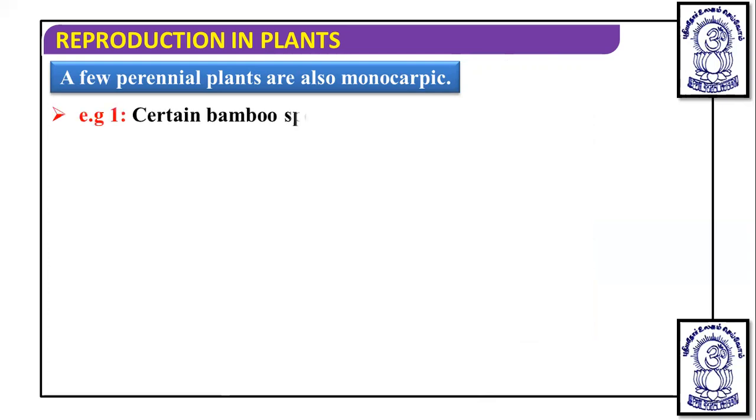So if we take an example, the first example is of certain bamboo species. It is known that certain bamboo species flower after 50 to 100 years. Means they are not going to flower up to the 50 to 100 years. At the end, it is going to flower.